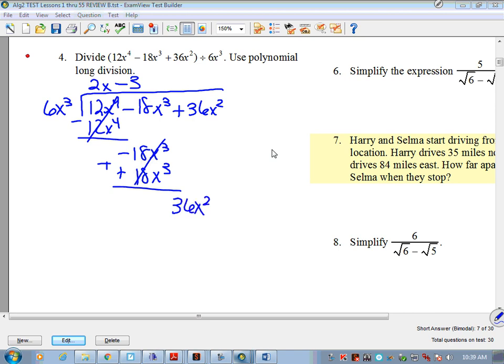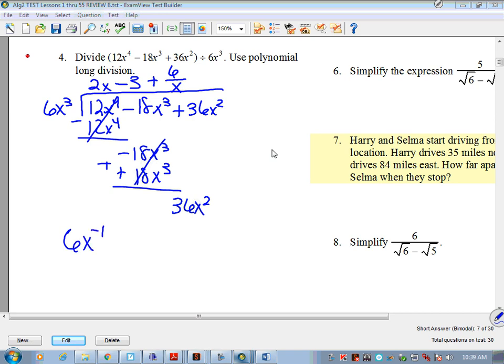And this is where things get a little tricky, because we'd have to multiply 6 by 6 to get 36. But how do I get x cubed into x squared? Well, I'd have to put an x in the denominator of that, because technically speaking, I would have to multiply it by 6x to the negative 1.